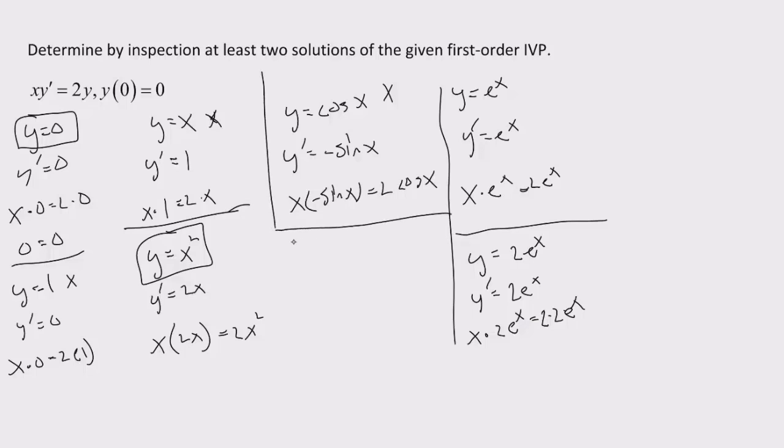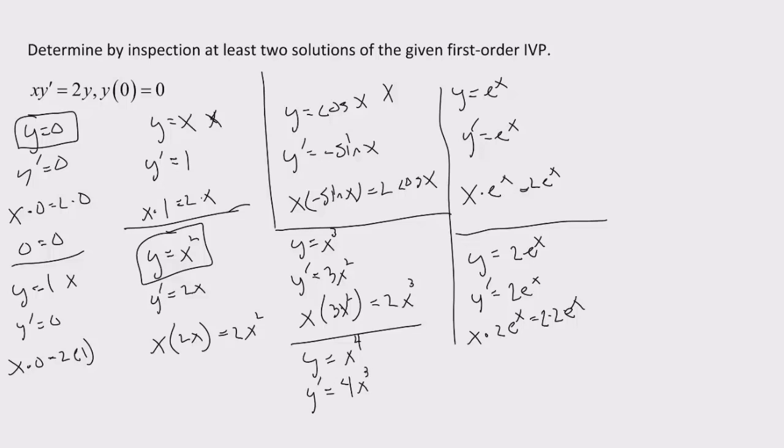Let's see, what if y is x cubed? So y prime would be 3x squared. So x times 3x squared, does that equal 2x cubed? And the answer is no. What about x to the fourth? Y prime is 4x cubed.